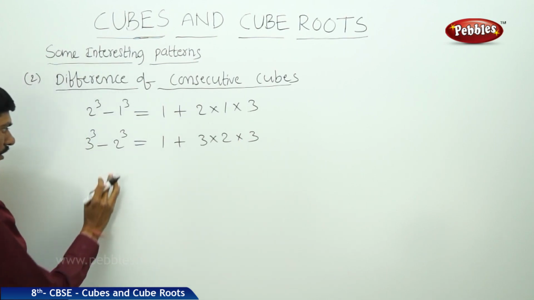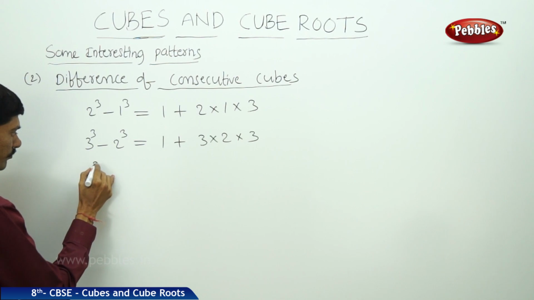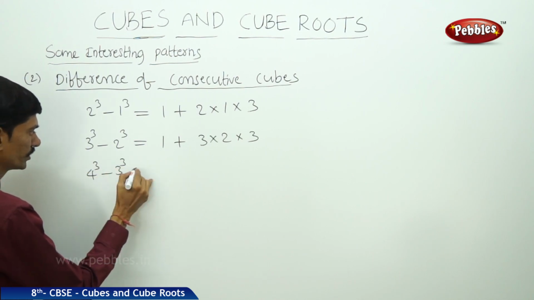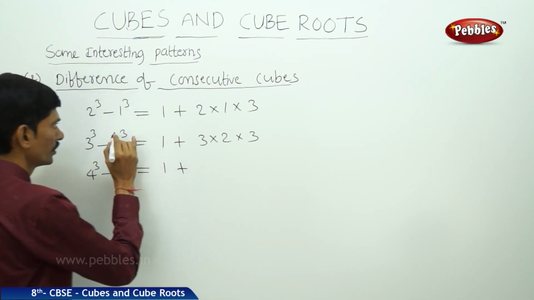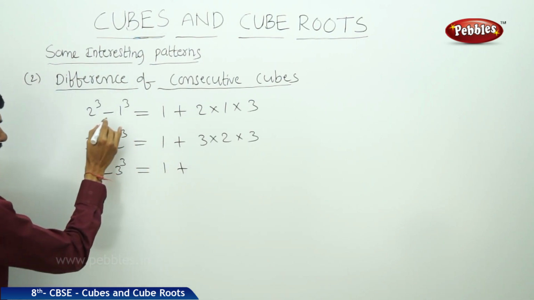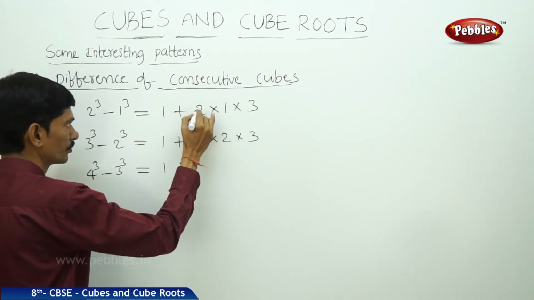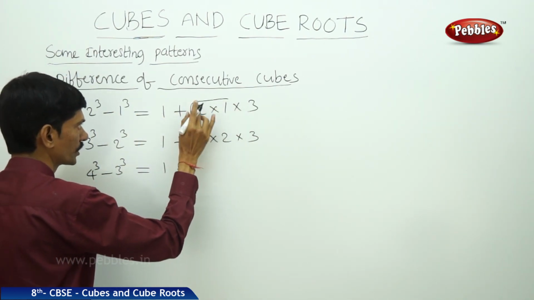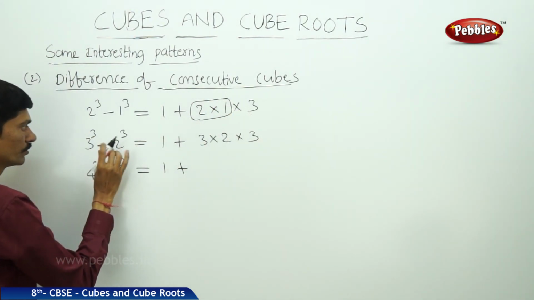Now let us write the next pattern, that is 4 cube minus 3 cube. Which equals, so we can write 1 plus, see here, in the first two patterns we can observe 2 1. Here also 2 1 are there, the given numbers. And here also 3 2 in the second step.